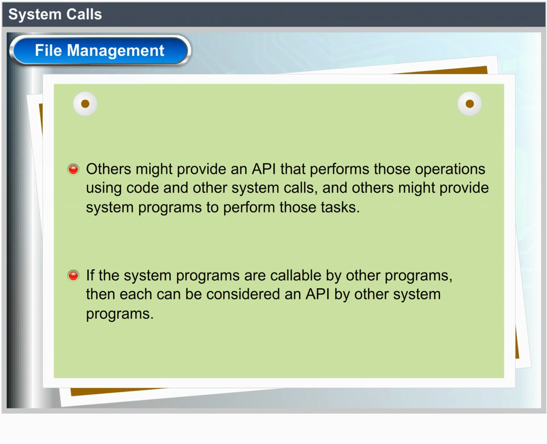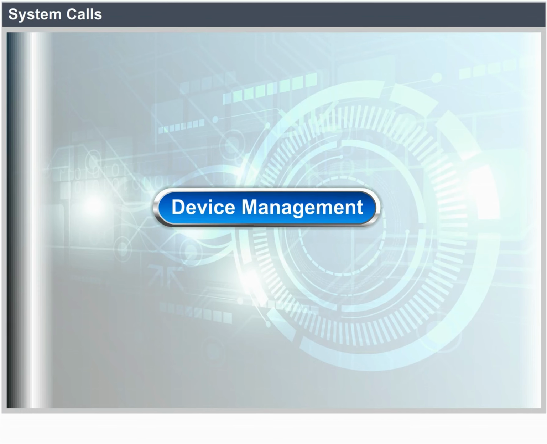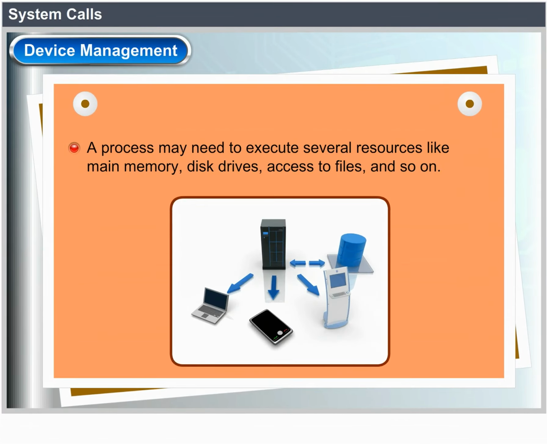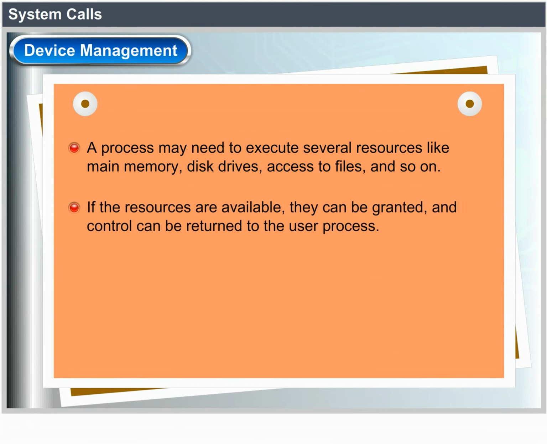Device management. A process may need several resources to execute: main memory, disk drives, access to files, and so on. If the resources are available, they can be granted and control can be returned to the user process.